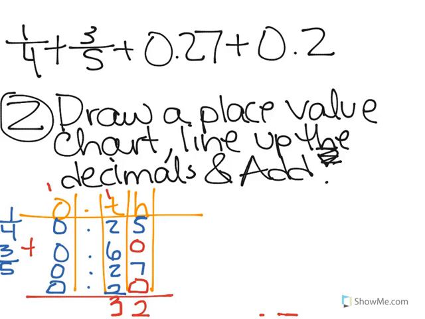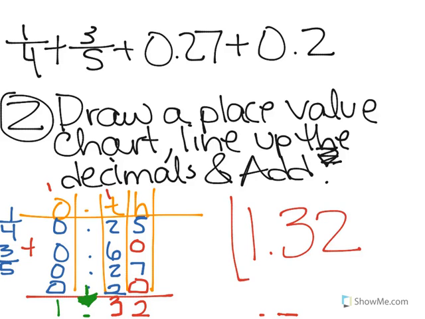Miss Cuban forgot to bring her decimal down, which you should have caught already. And if you did, great job, because I always tell you to prove me wrong. So now I keep adding: 1 plus 0 plus 0 plus 0 plus 0 is equal to 1. Oh, I wanted that red. Oh well. So my answer to this problem is 1 and 32/100.